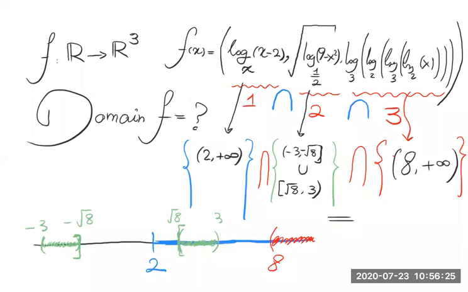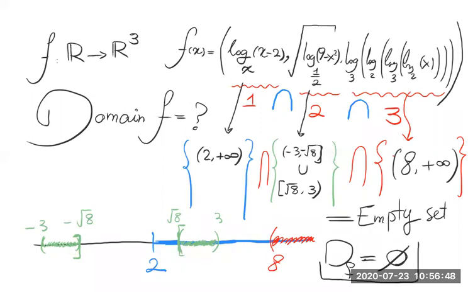So it's the empty set. So the domain of this function is the empty set. There is no x at which this function is defined. This is the notation for the empty set. It means no point x. None.